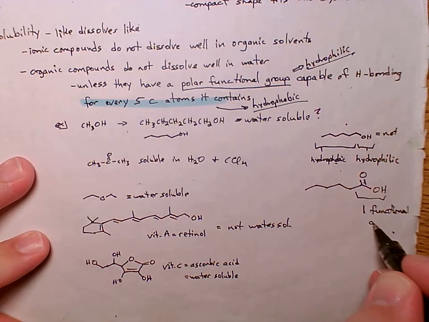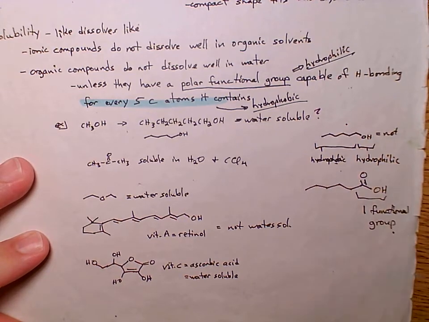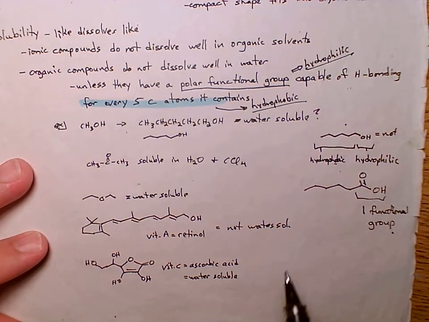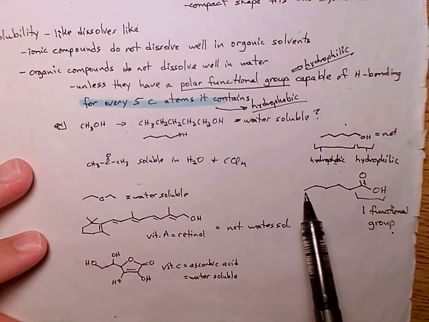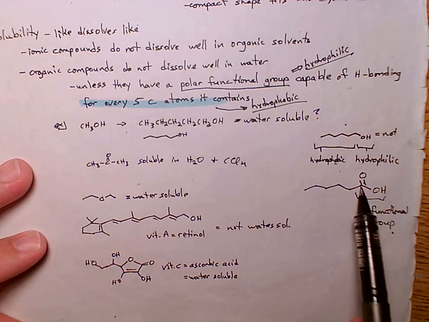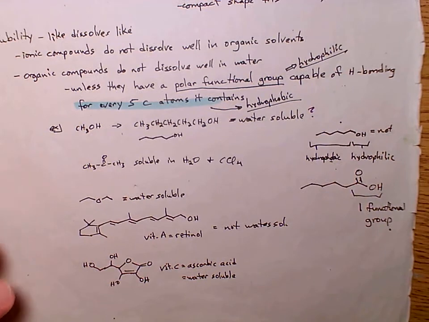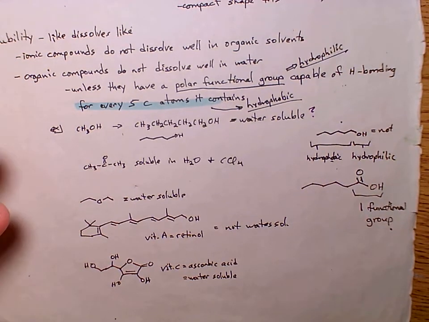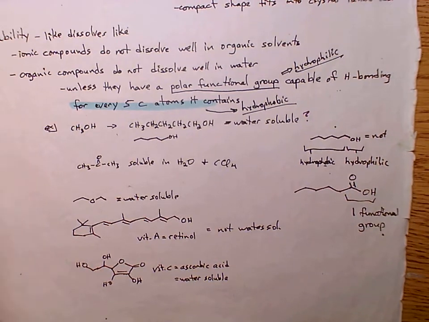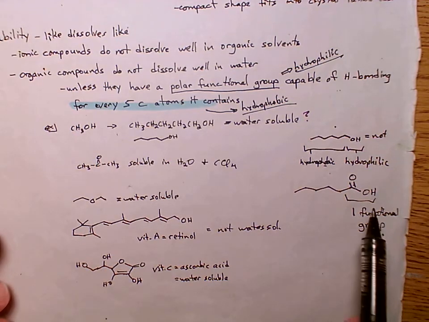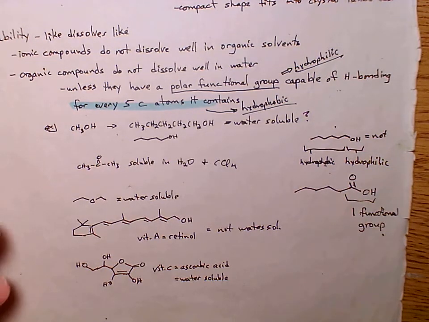So will this dissolve in water? Well, there's our polar functional group. 1, 2, 3, 4, 5, 6. This is probably not that water soluble. 6 carbons, 1 polar functional group. If we had to go by yes or no, is it soluble in water? I would say no. Truth is, it's ever so slightly soluble in water.